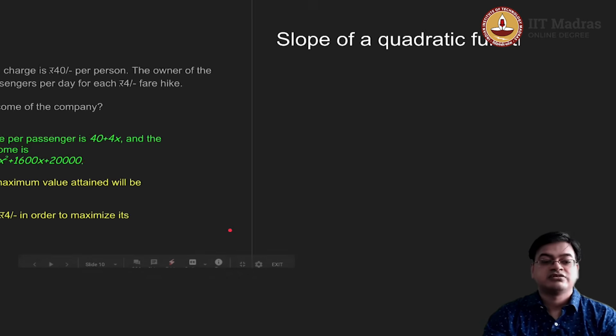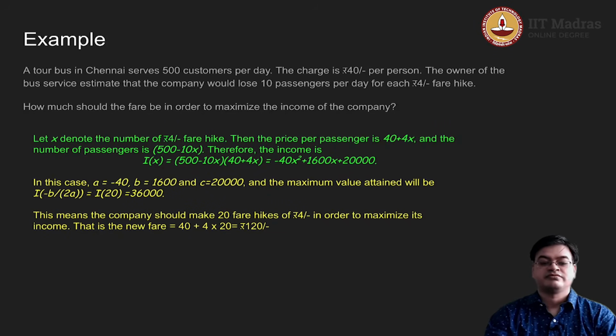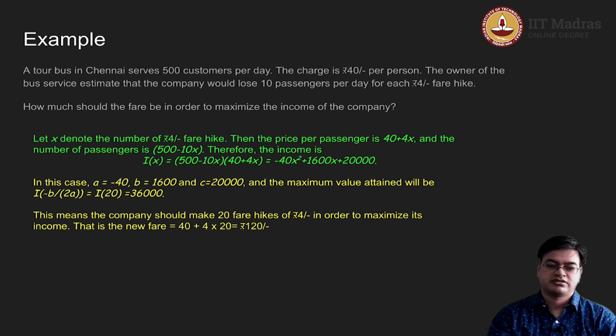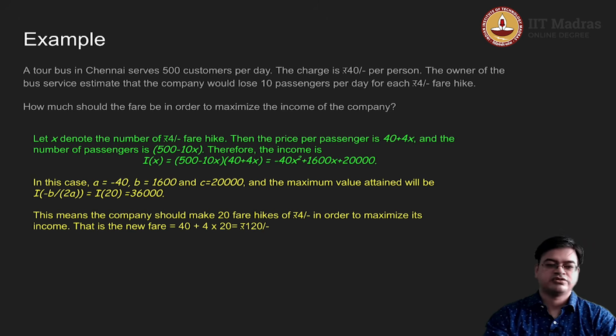And that is the recommended hike by the company. So now every person should be charged 120 rupees as opposed to 40 rupees, and then the company will be profitable and you may have to serve fewer customers. This is how we are using quadratic equations to solve real life situations.